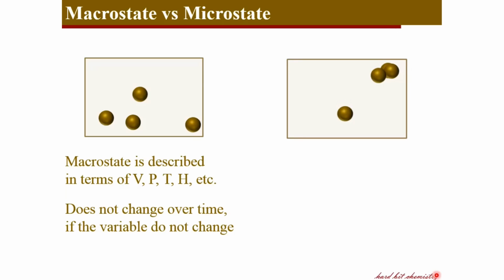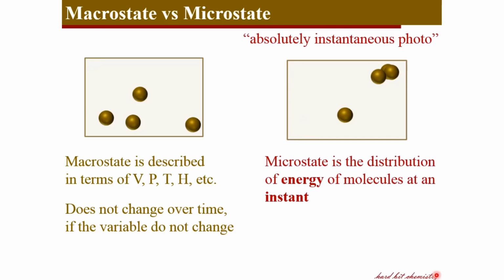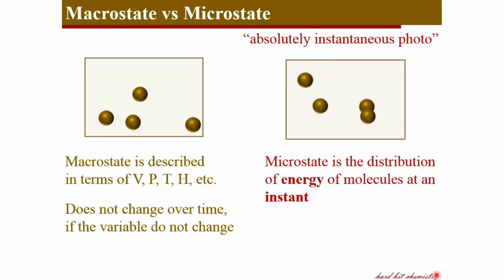And in the next instant, when you look, you have a different distribution. And in the next instant, you have another distribution, and this changes whenever you look at the system. And that instantaneous photo of the system is called a microstate. So at a given instant, what is the distribution of energy within the molecules?